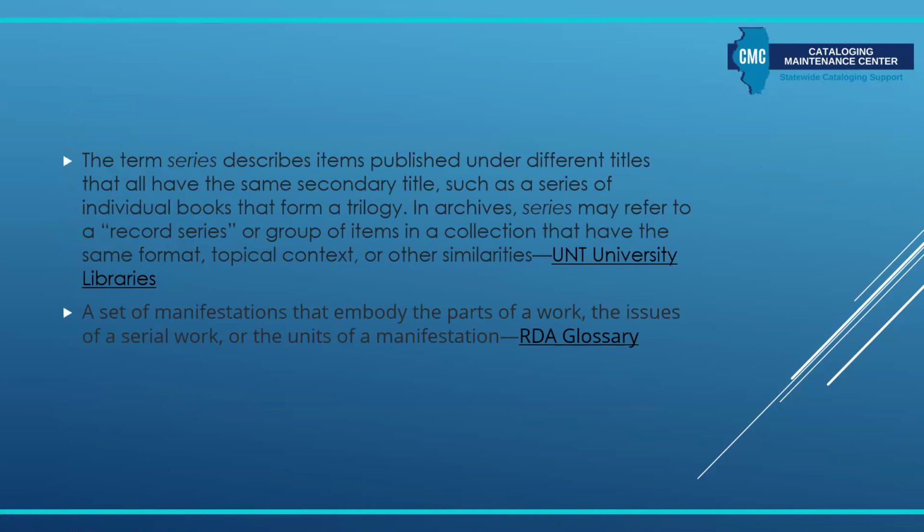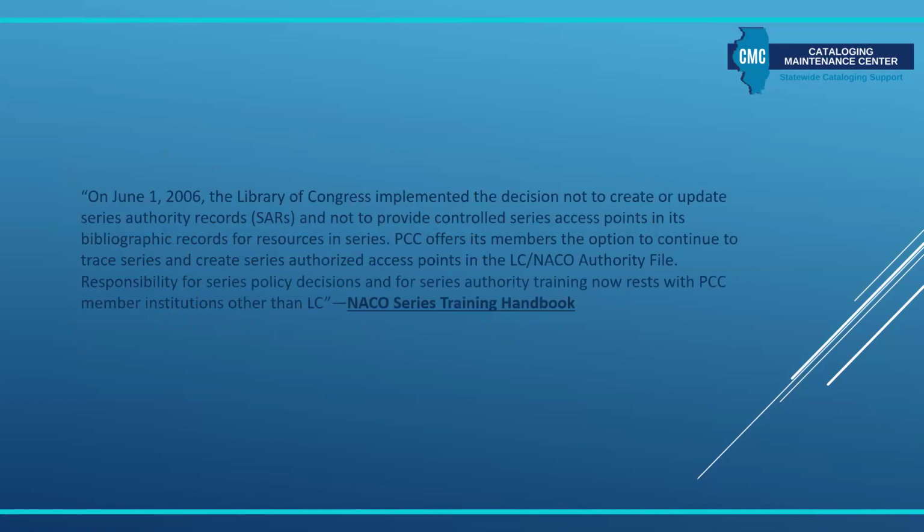And then the RDA glossary defines a series as a set of manifestations that embody the parts of a work, the issues of a serial work, or the units of a manifestation. And if somebody would like to break down that definition for me, I would love to hear it. Sorry, not a fan of some of the word usage in the RDA toolkit.